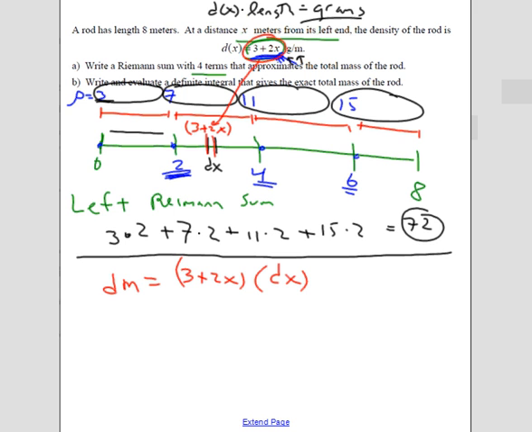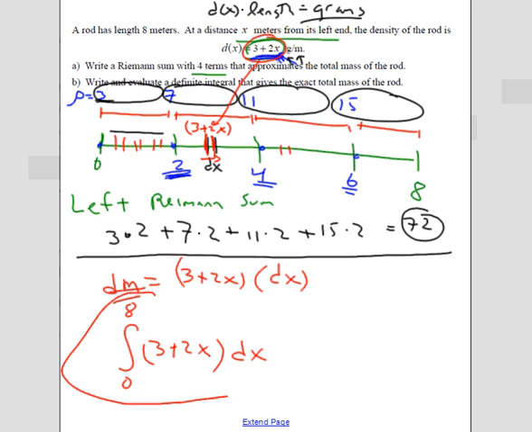And so this is the little change in mass, the increment of mass that I got from here to here in that little area. So what I want to do is add up all of these little incremental changes in masses. So I'm going to add up from 0 to 8 all of the densities times distance. And there's my expression for the mass of the rod.